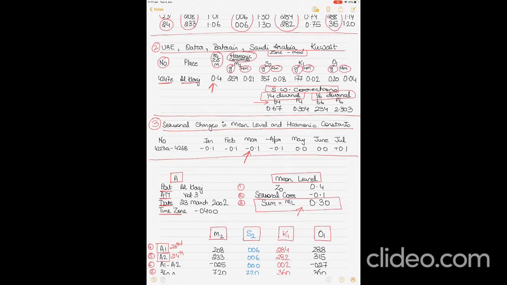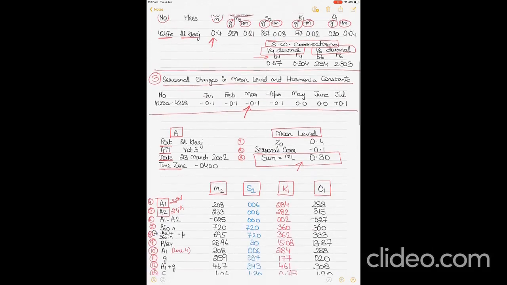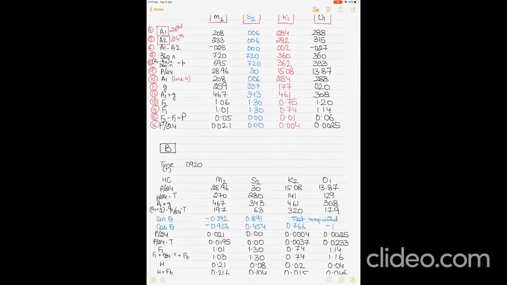Simply take the G values only. For M2, S2, K1 and O1, the G values will be 259, 337, 177, 020. Just put those G values here from above, from the extract.